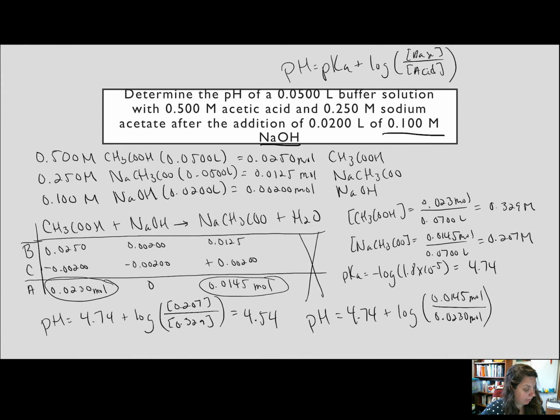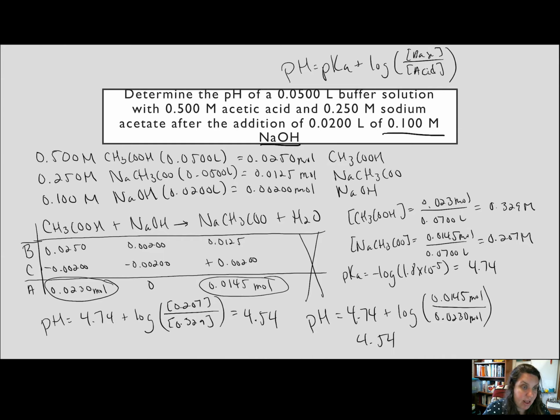The moles will cancel out, and when we do that math, 4.74 plus log 0.0145 divided by 0.0230, we get 4.54. So either way will work, either concentration or moles, as long as you have them both in the same volume.